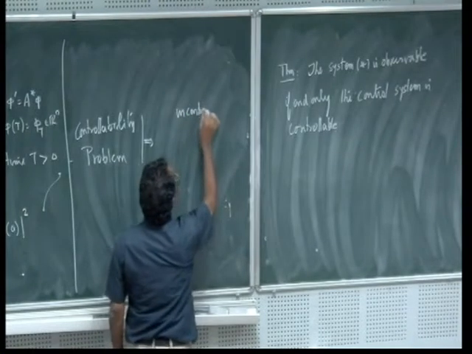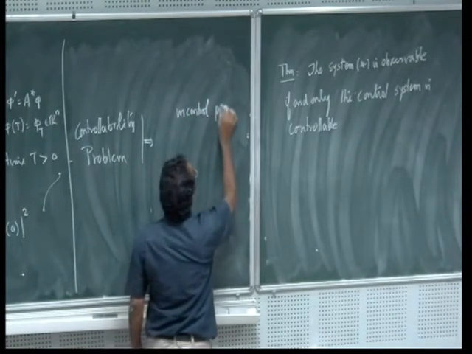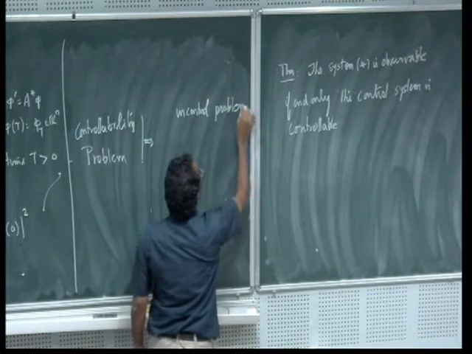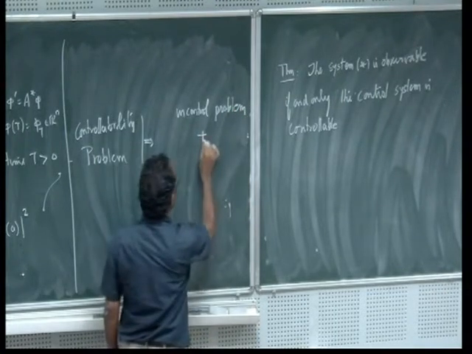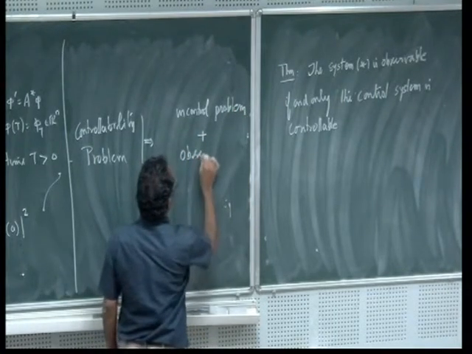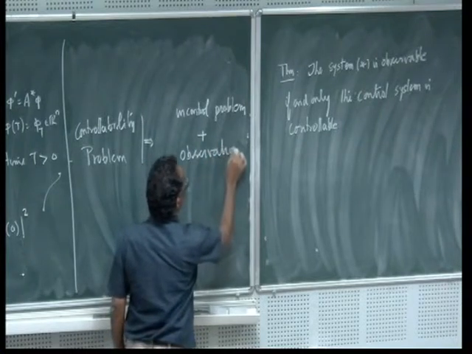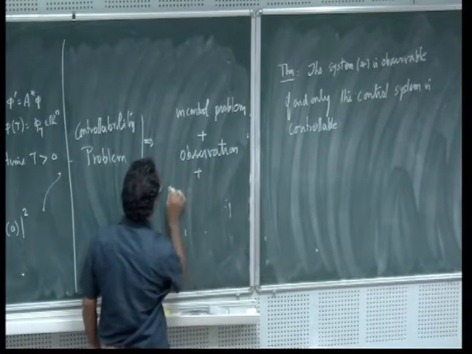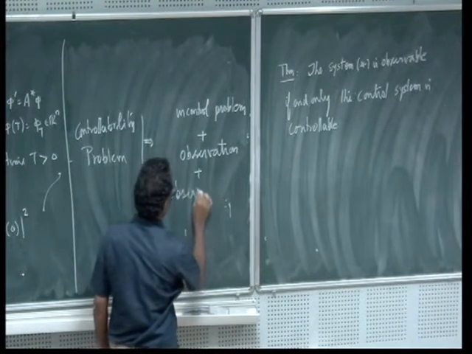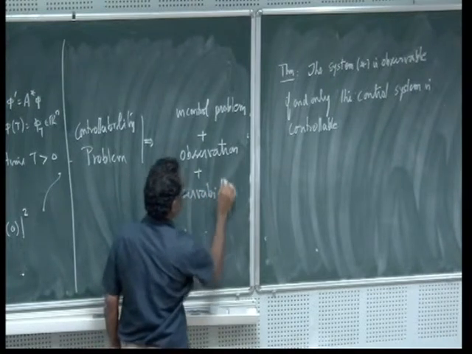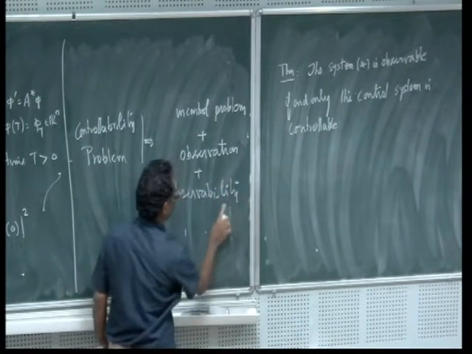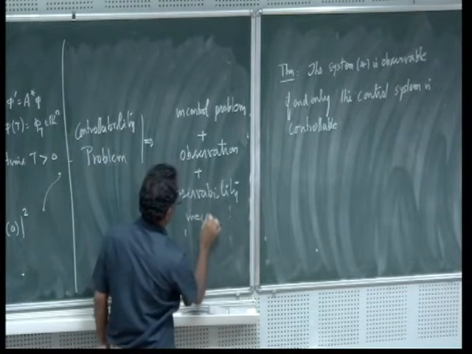You see, there is no control problem, plus an observation, plus an observability inequality.